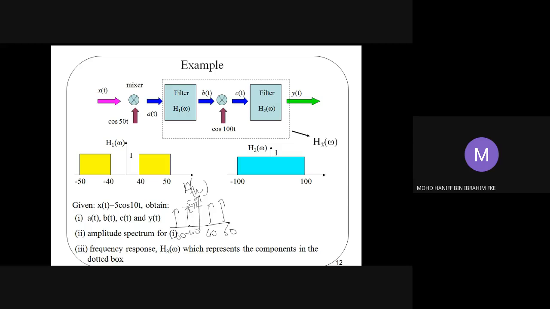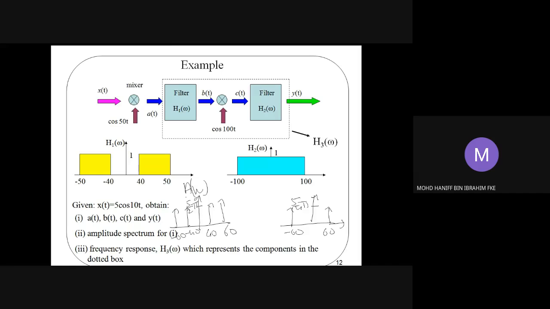Then for the output Y(ω), based on what we have done recently, Y(ω) only has 2 impulses, located at 60 and negative 60, with the amplitude of 5 over 4π.